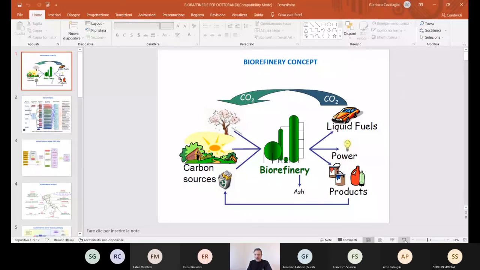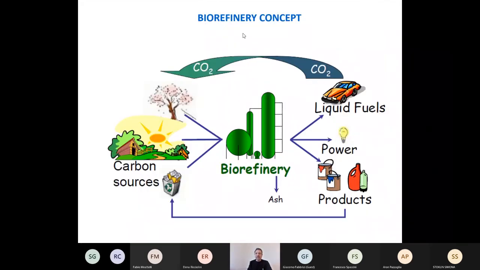Yes. Okay. So this is the final point I would like to reach with this course. All the themes we investigated during this lesson, starting from biomass feedstock to all the possibilities of conversion processes, thermochemical, biological, mechanical, and so on, to final bioproducts production.